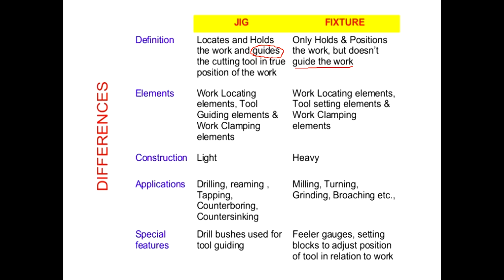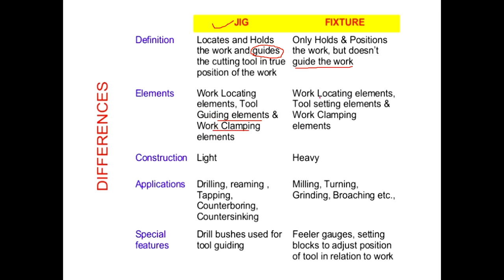So this is the main difference between the jig and fixture. Both are used to hold and locate the workpiece, but the additional part, that is the guiding part, will be provided in the case of a jig, whereas this guiding part will be missing for the fixture. These are the different elements for the jig: locating elements for the workpiece, guiding elements for the tool, clamping elements for the workpiece.